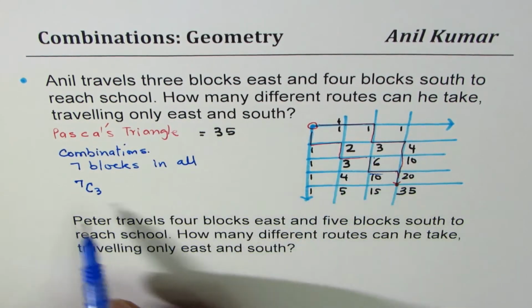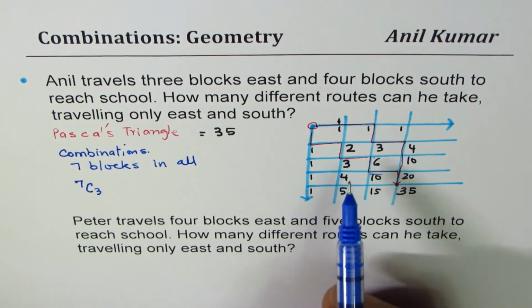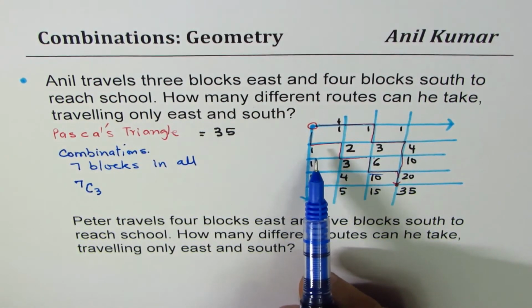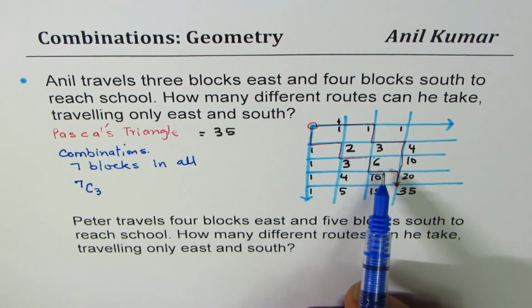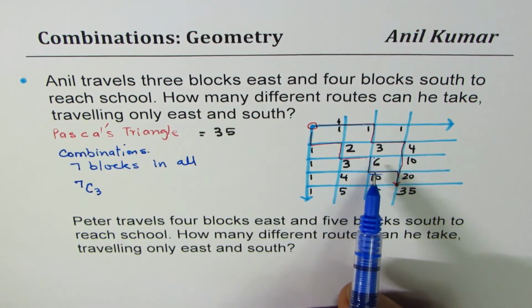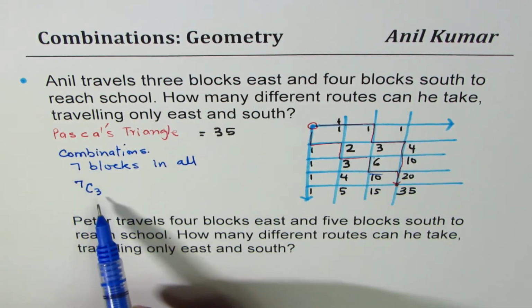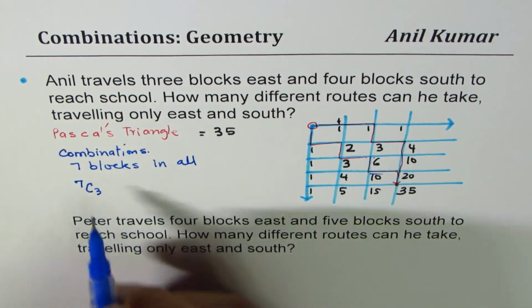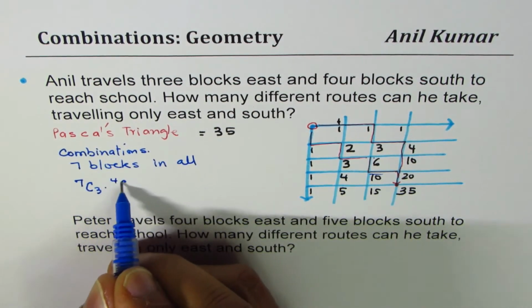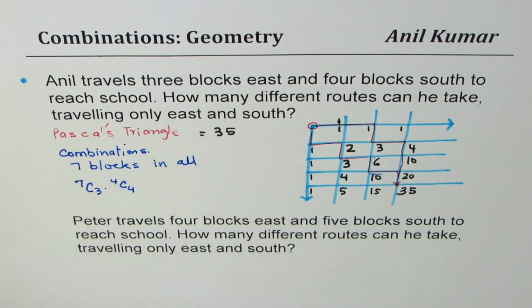Once you consider the ways of traveling east, you are left with, out of 7, 4 ways of traveling south. So multiply this by 4C4. Do you understand the concept?